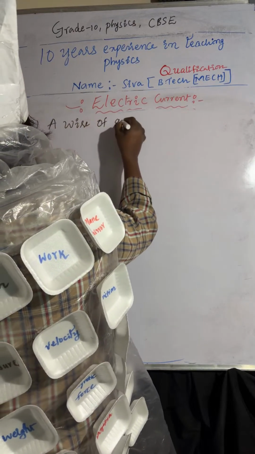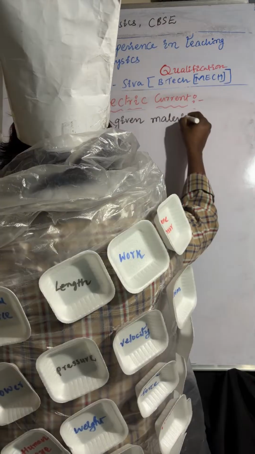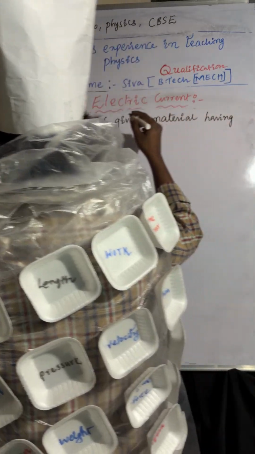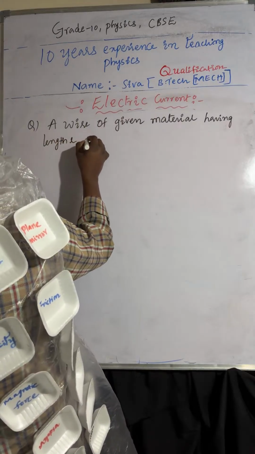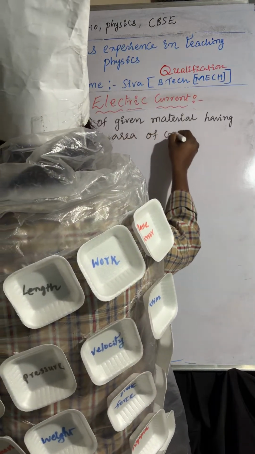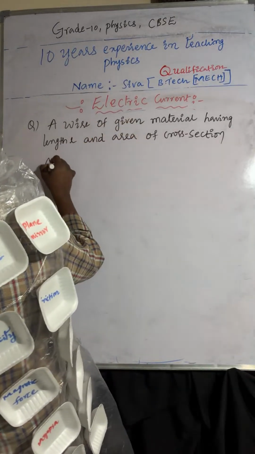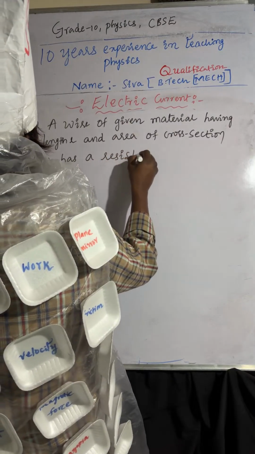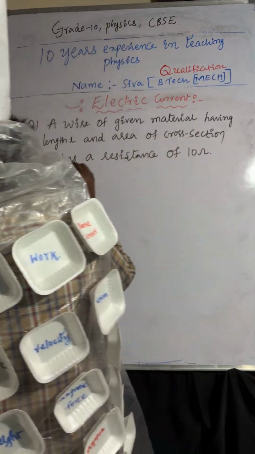A wire of given material having length L and area of cross section A has a resistance of 10 ohm.